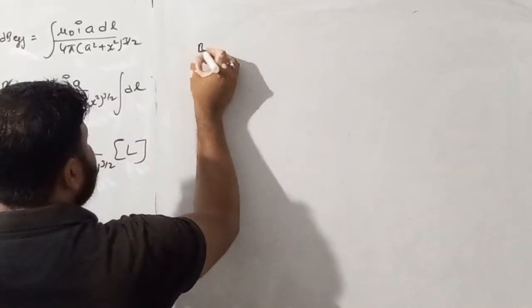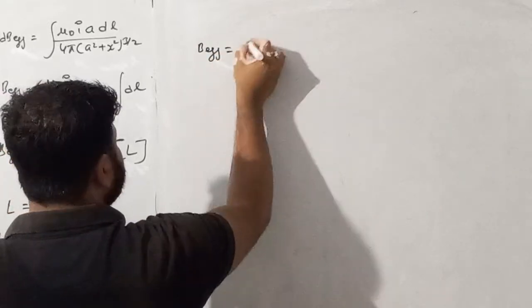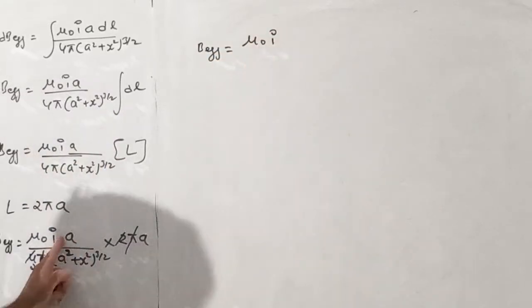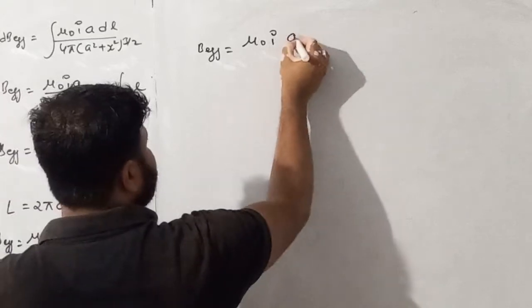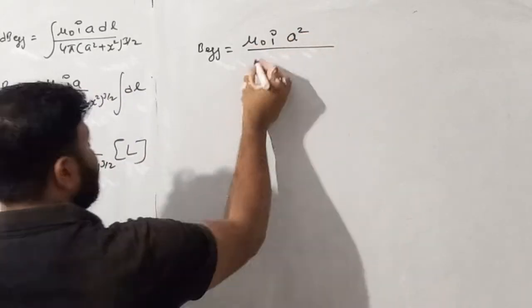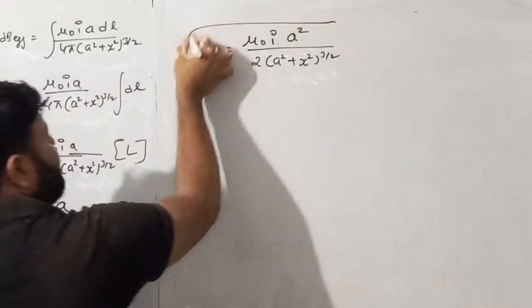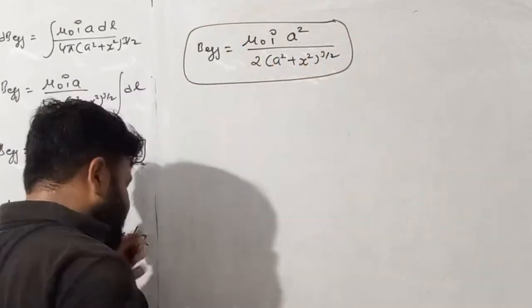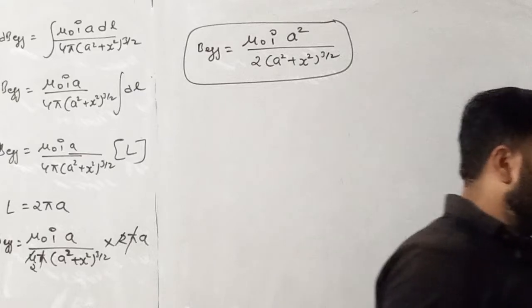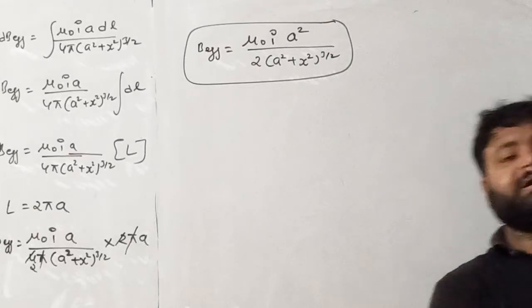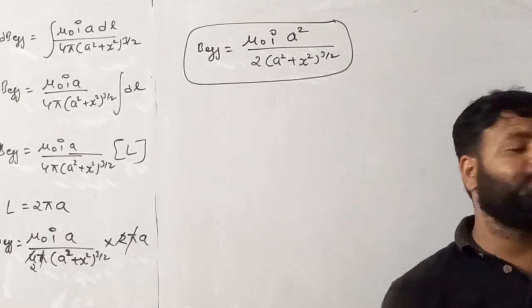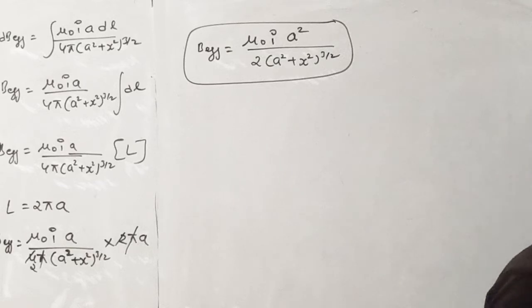So B effective becomes equal to mu naught I a square divided by 2 a square plus x square raised to the power 3 by 2. This is the value of magnetic field due to current carrying circular loop on its axis.